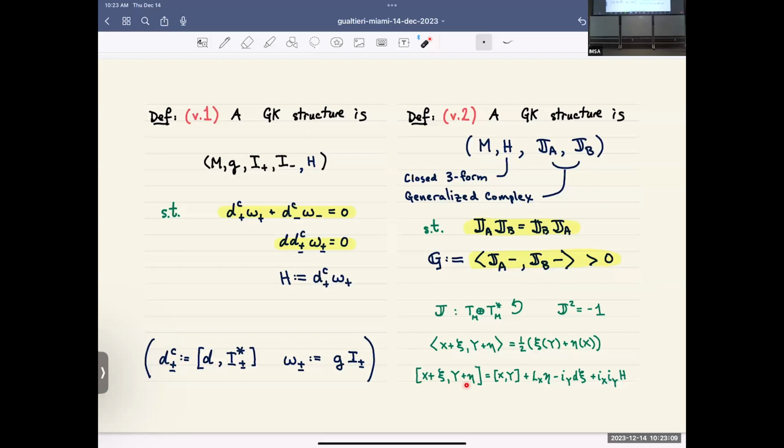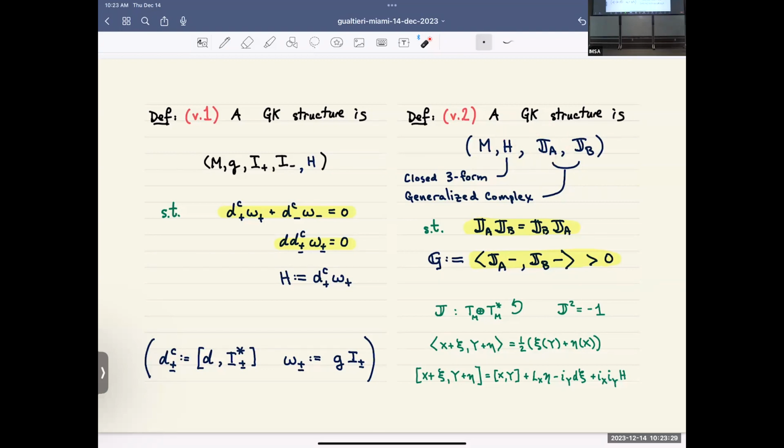And it also has a bracket, which was studied in great detail by the Weinstein school, Pablo Cervera, Alan Weinstein, and their collaborators. And you can see that in the bracket appears this three form. So the integrability condition of this complex structure depends on this three form.